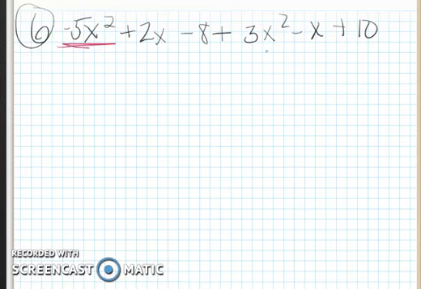So x squared goes with an x squared. An x term goes with an x term. So when we combine like terms, we're going to get negative 5x squared plus 3x squared. That's going to give me a negative 2x squared. Notice when I combine like terms, it's only the coefficient, the number in front, that adds or subtracts. So negative 5 and 3 makes negative 2. The exponents don't change.